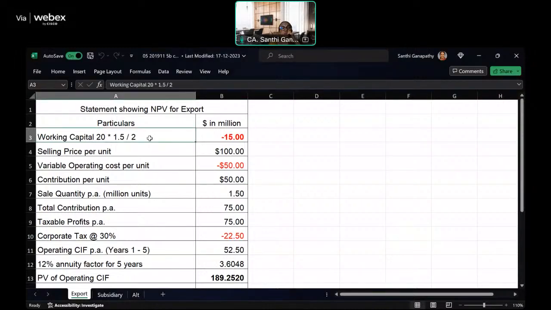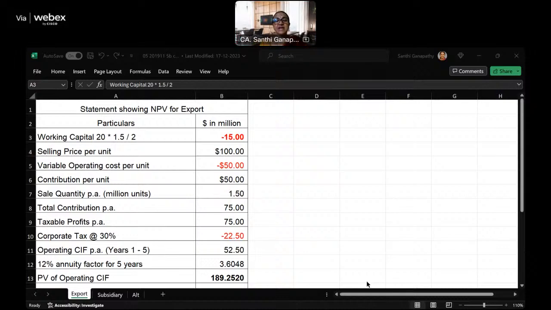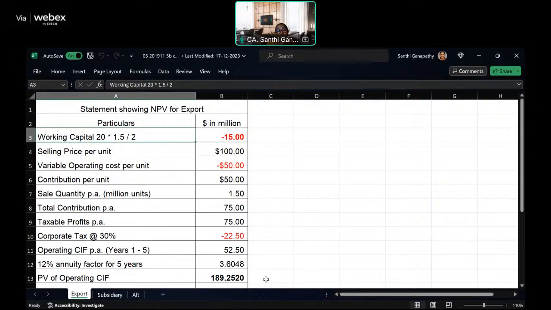Working capital now will be 15 only, because if you decide to continue to export, then what happens? What have they said? Export of the product in the coming year will decrease to 1.5 million units. So if you decide that you don't want to open a subsidiary, but only continue to export, the sales will come down, and when that comes down, working capital will also come down.